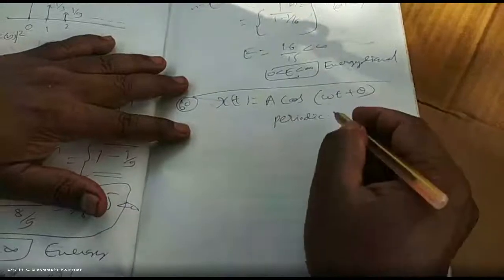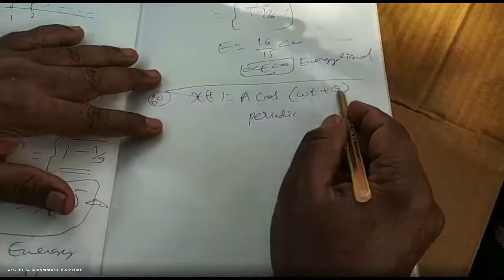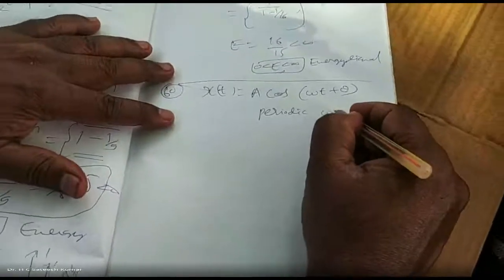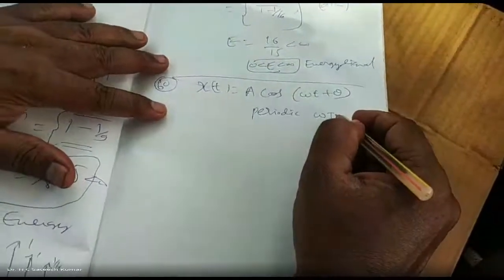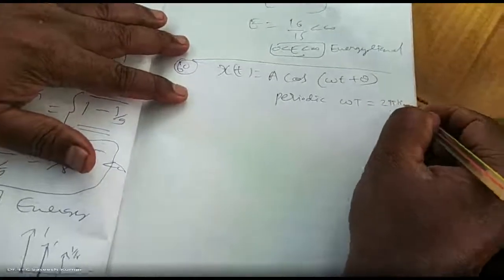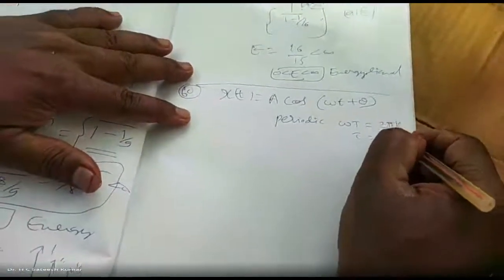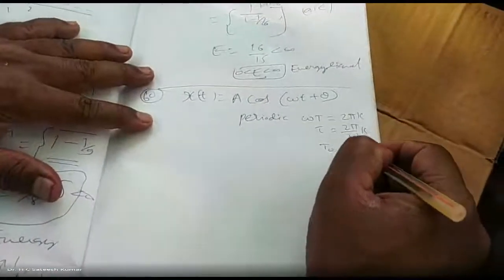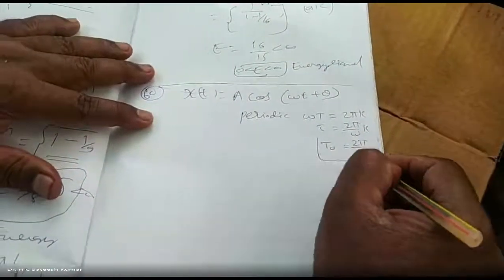What is the period? Theta does not affect the periodicity of the signal, no? Therefore, what you should do? Omega t should be equal to 2 pi k. Therefore, t is equal to 2 pi by omega into k. Therefore, T naught is equal to 2 pi by omega. It is the period.